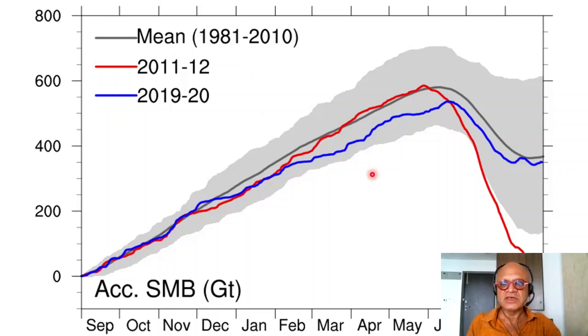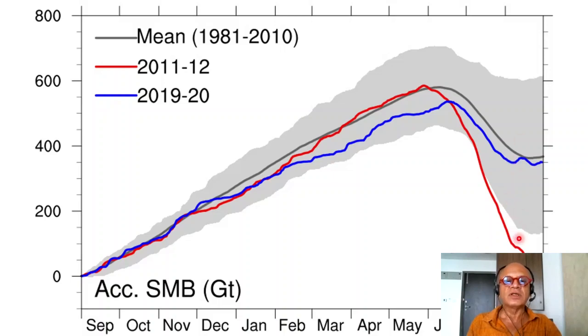This is the Arctic sea ice loss, coming back to gigatons of loss. So there are variabilities. This is the annual cycle. This is the mean of 1981 to 2010, and you can see that there was a record loss in 2011-12. 2021 was, I think, the second lowest sea ice extent in August-September.